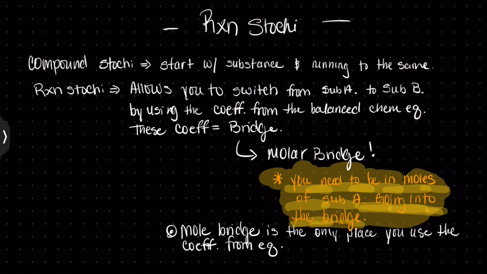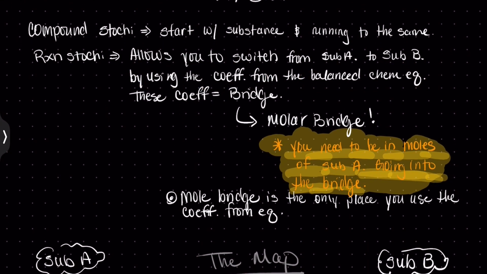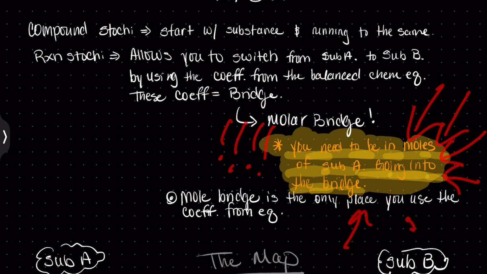Your equation must be balanced for these coefficients to be precise and accurate. The use of these coefficients is what we call a molar bridge. The molar bridge comes from the balanced chemical equations, but you have to be in moles to use the molar bridge.